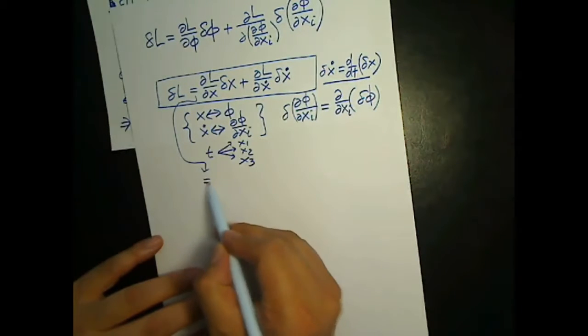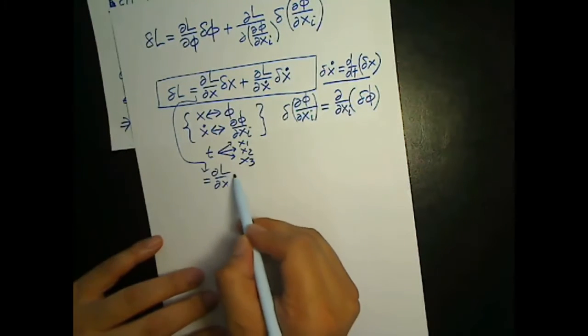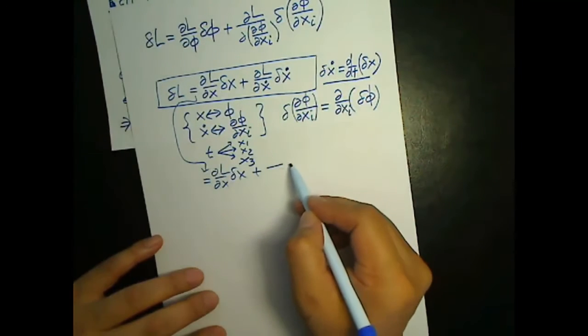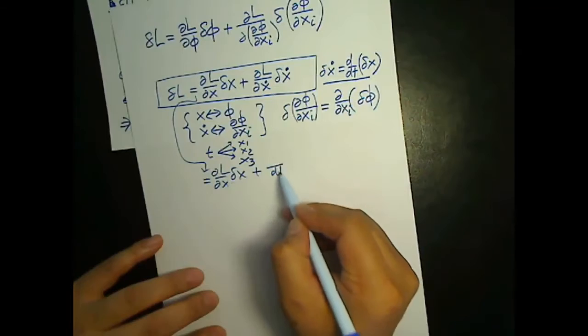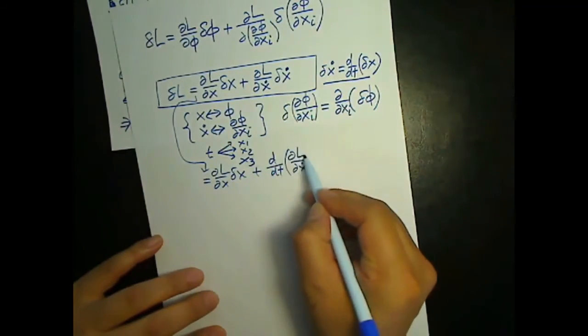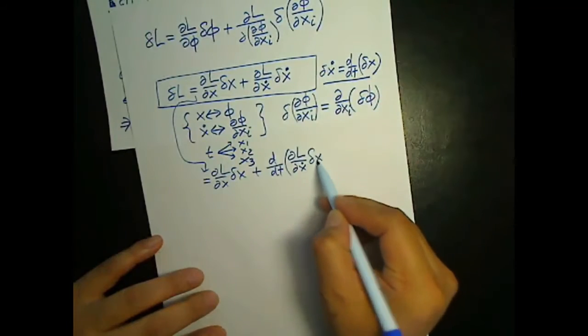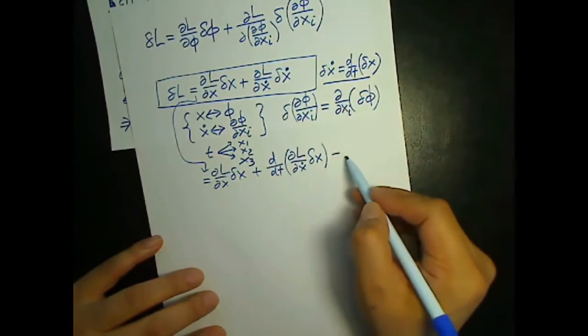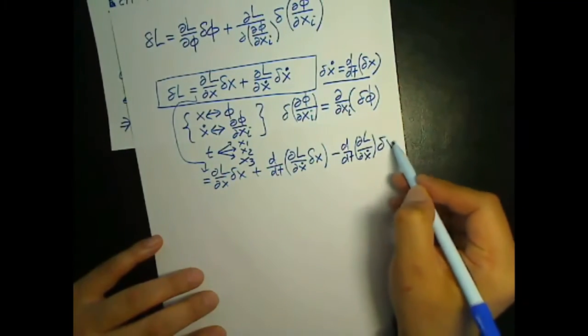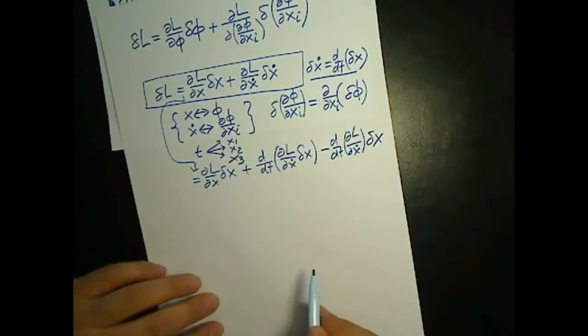Here we use this kind of method: the time derivative of momentum and the variation, then subtract this with the time derivative of momentum and pull out the variation.